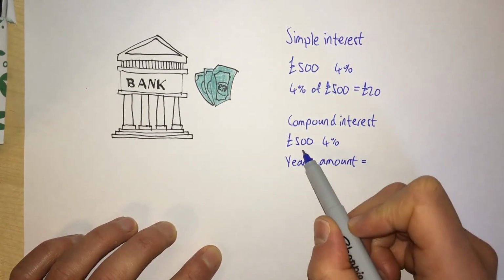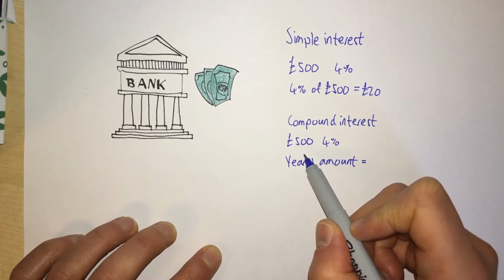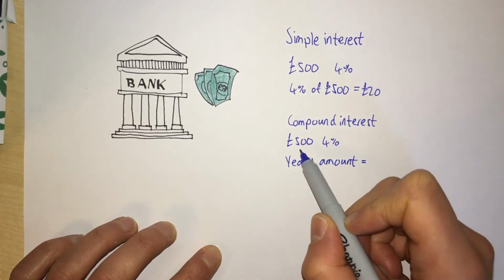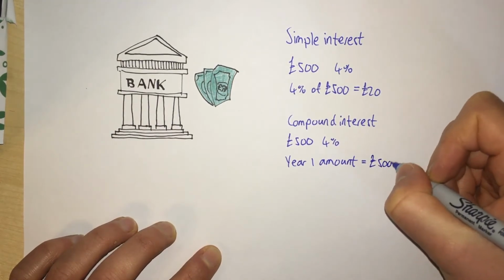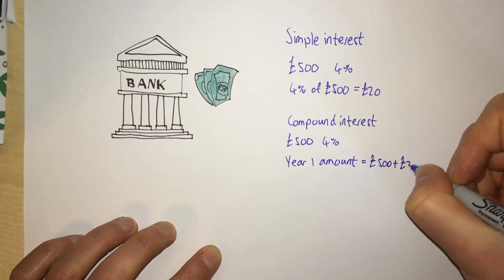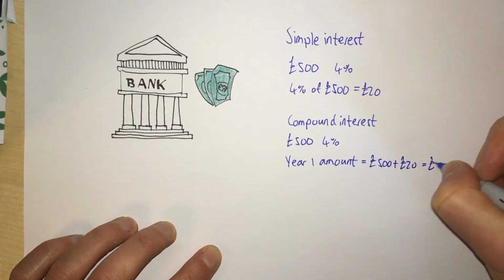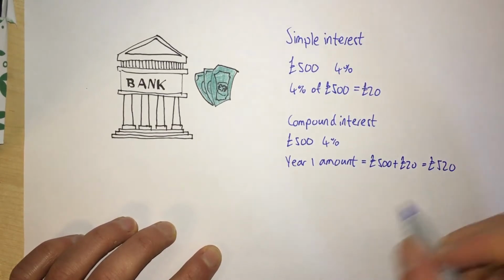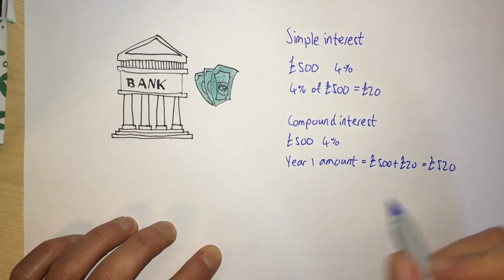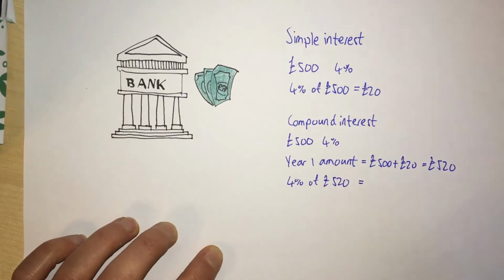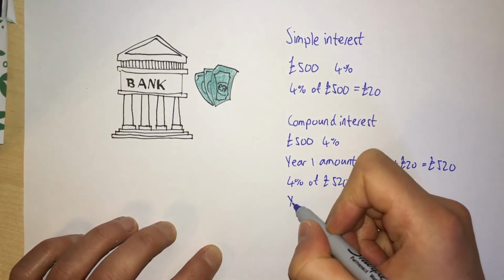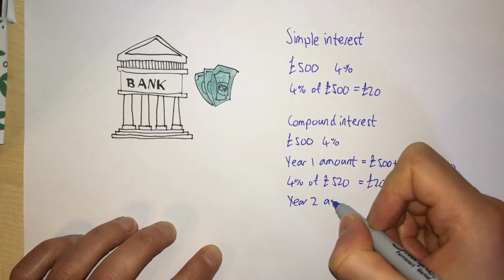Well, they have £500 at the beginning. We work out 4% of 500 and add it on. So 500 plus 20 equals £520 at the end of year 1. Now for year 2, we need to work out 4% of 520 and then add that on. Our year 2 amount is £540.80.